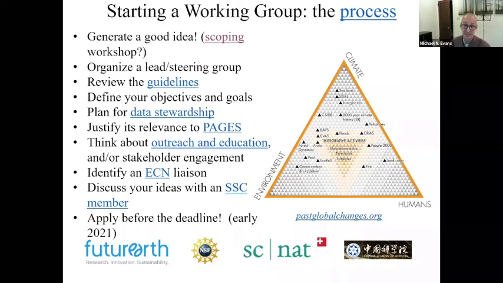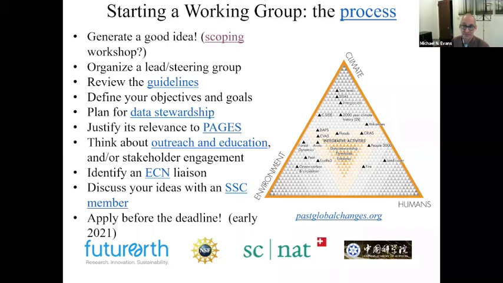But typically, PAGES has come to encourage steering groups. So that's why I mentioned organizing a lead steering group. This allows you to spread the workload of leading a group more broadly, and it doesn't mean that the progress of the working group will depend on any one person solely. That's along the lines of PAGES working groups ought to be global and community driven.